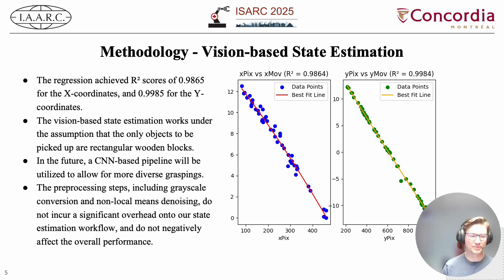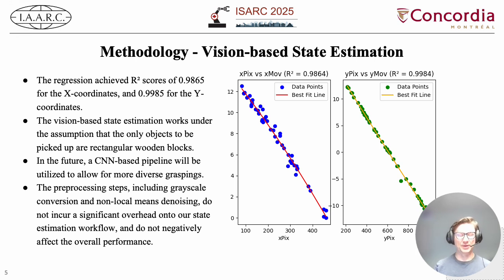We can see here that we have an R squared score of 0.9865 for X and 0.9985 for Y. Now, one of the limitations, which will be discussed a little more at the end, is that this vision-based system currently works under the assumption that, in order to pick up the blocks, first off, they have to be rectangular and wooden, and also that they are a certain distance from the camera.